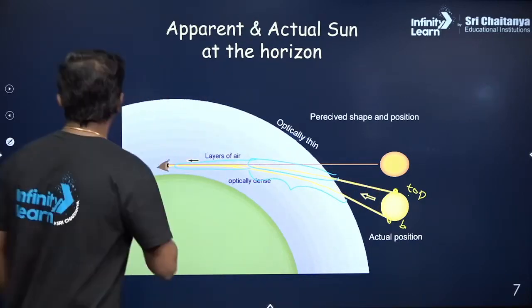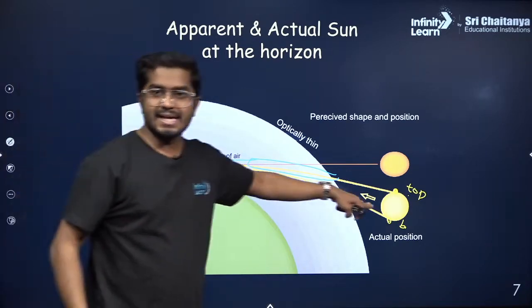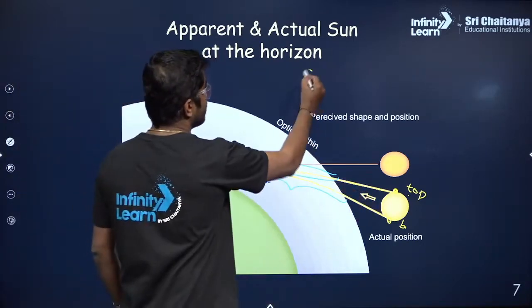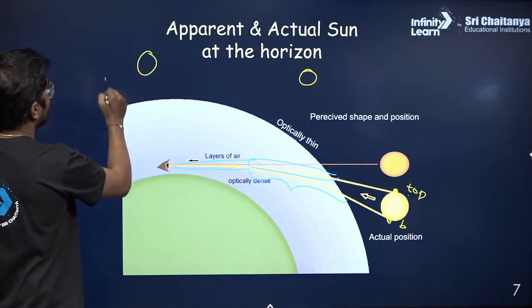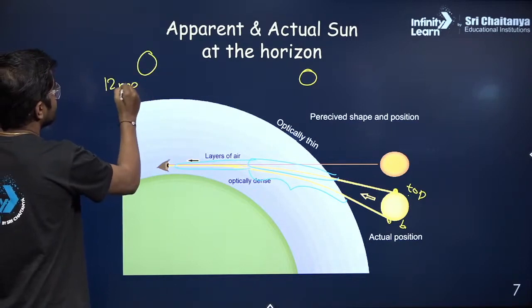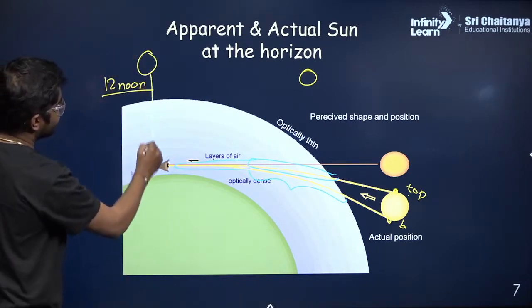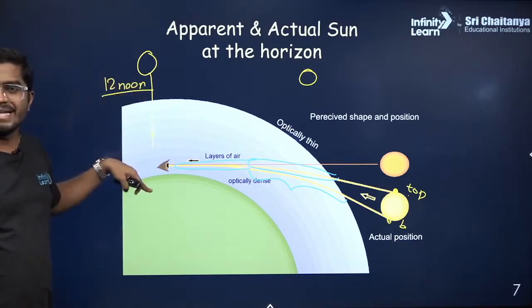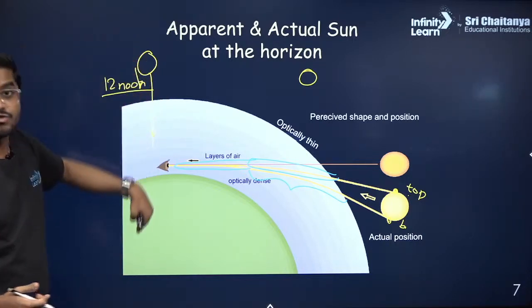So let's suppose there are different positions of the sun. There is a sun at the horizon, there is a sun somewhere in the sky, and there is a sun at 12 noon. Sun at 12 noon. If the light is coming from this sun, will there be any bending? No, there won't be much bending, because it is coming straight.